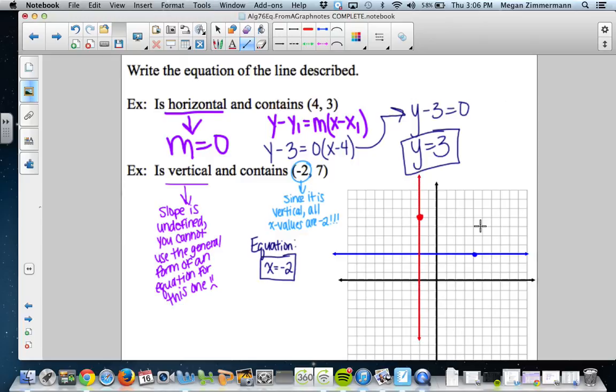So remember with the horizontal line, all the y values were 3. What do you notice about this vertical line? Yeah, all the x values are -2. So to describe this line, our equation is going to be x equals -2, because that is always true no matter where you are on that vertical line.